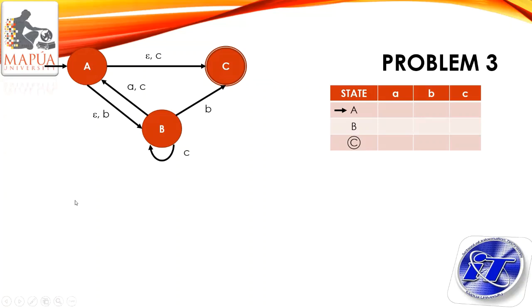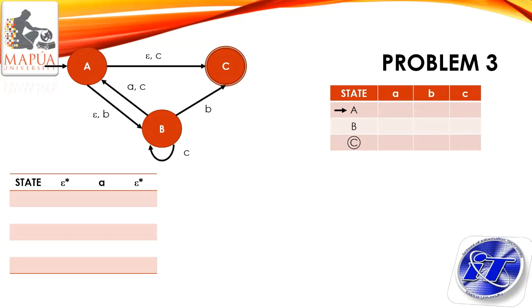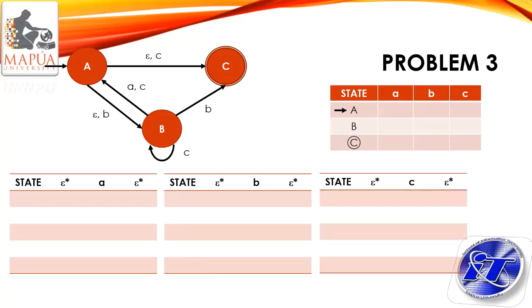Let's start with the transition. By the way, we have three alphabet symbols here, A, B, and C. Let's start with A, input with the A state. What is the epsilon closure of the A state?